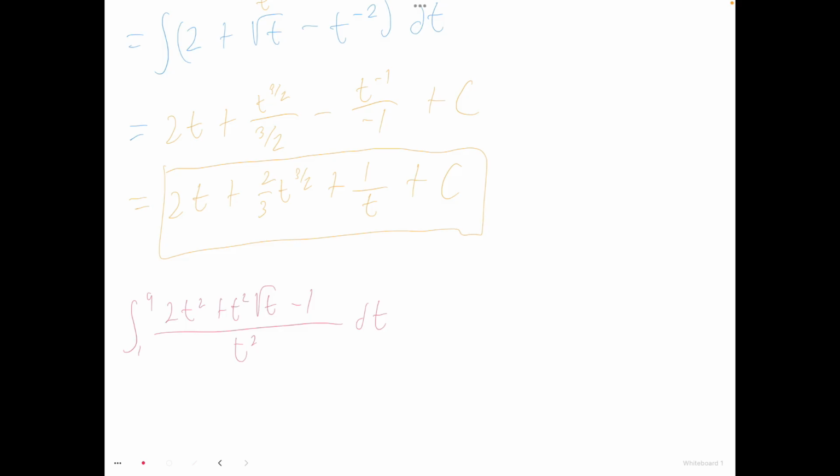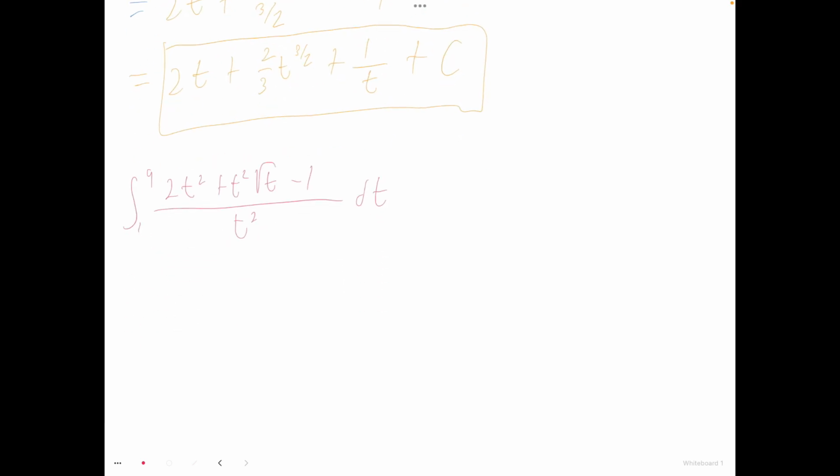So we can just plug 9 and 1 into what we just found. And so we'd have 2t plus 2/3 t to the 3/2 plus 1 over t from 1 to 9. And that is an antiderivative, so we just have to plug in our bounds now.